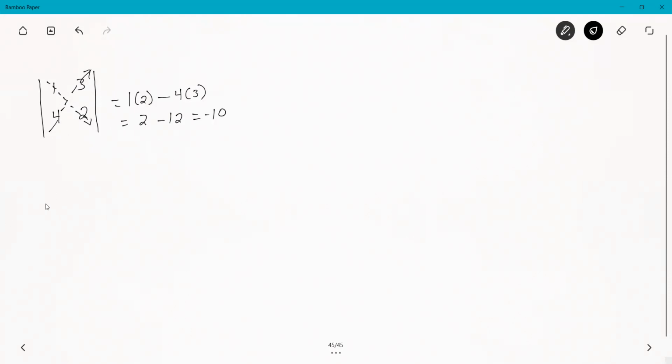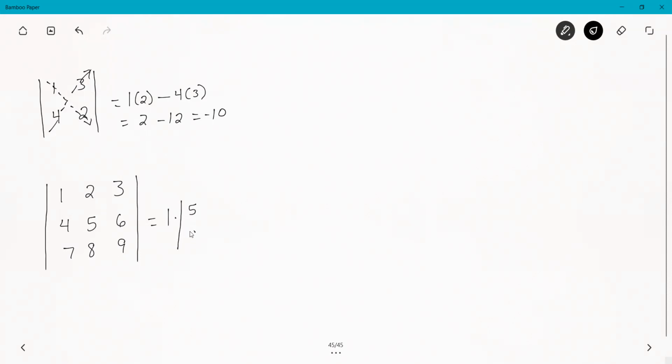Now let's try a determinant of order 3. And I'm just going to write this as 1, 2, 3, 4, 5, 6, 7, 8, 9. Okay. All right. So remember, for this, we're going to start out with the 1 here, and we're going to multiply that by the determinant of these 4.